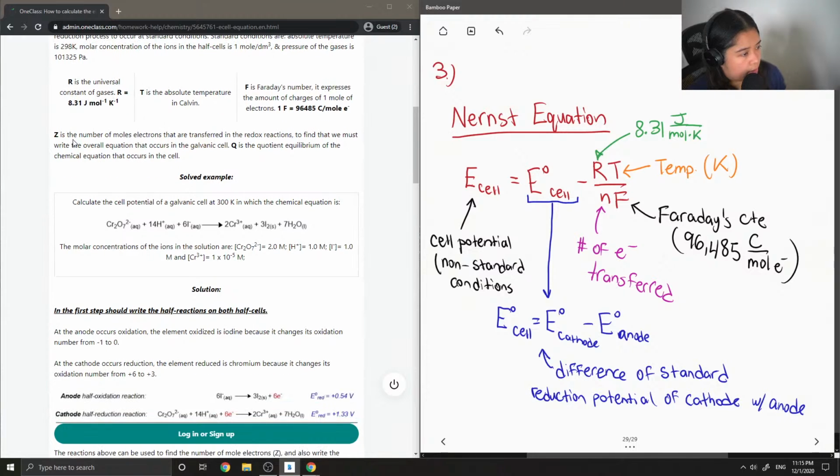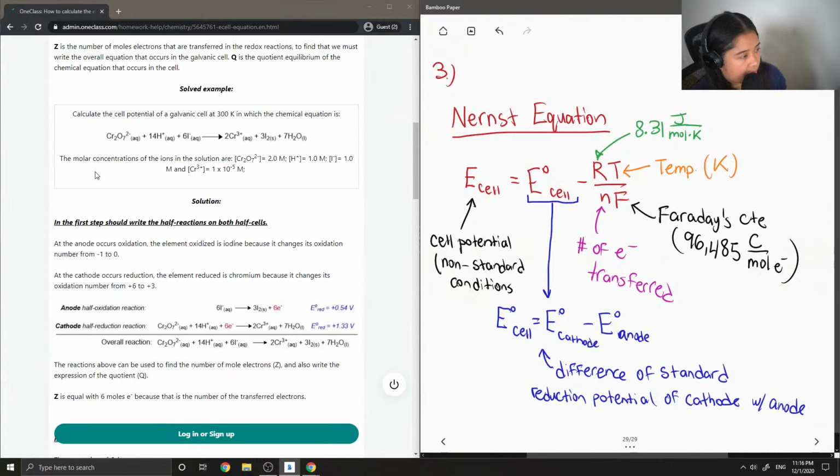Okay, so instead of N, they have Z. So Z is the number of moles electrons that are transferred in the redox reactions. To find that, we must write the overall equation that occurs in the galvanic cell. Q is the quotient equilibrium of the chemical equation that occurs in the cell.